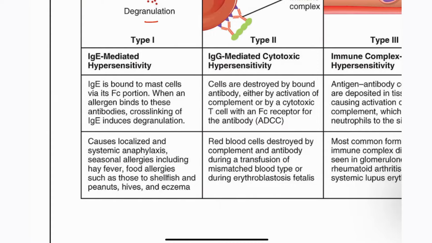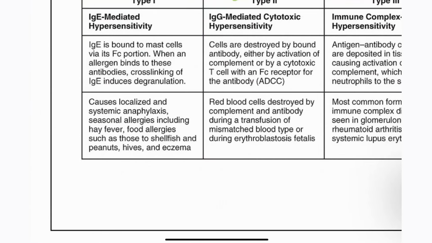So it can be known as anaphylactic, immune allergic type of hypersensitivity. Examples are anaphylaxis, seasonal allergies, hay fever, food allergies such as shellfish, peanuts, hives, and eczema. Okay, and also you can add asthma. This is also considered a type 1 allergic reaction.